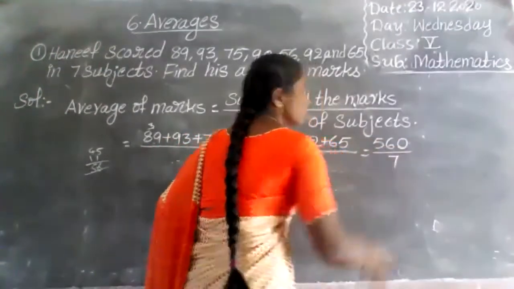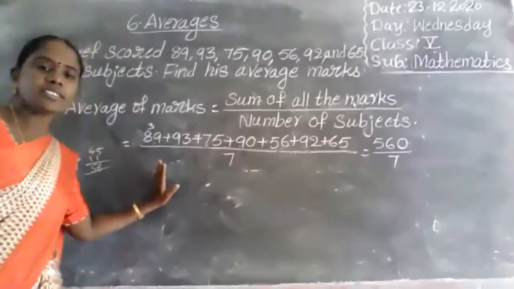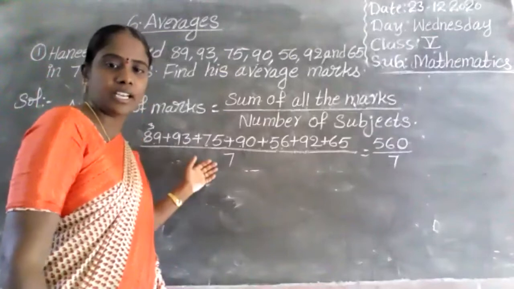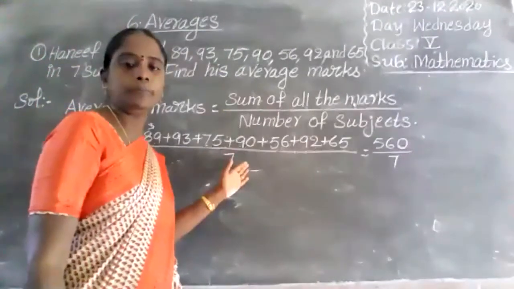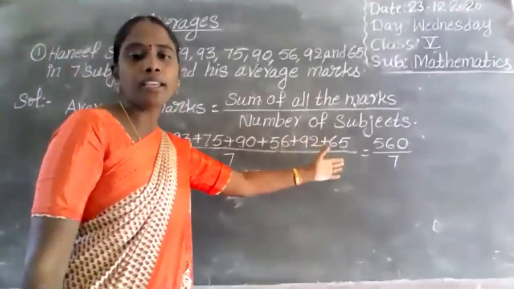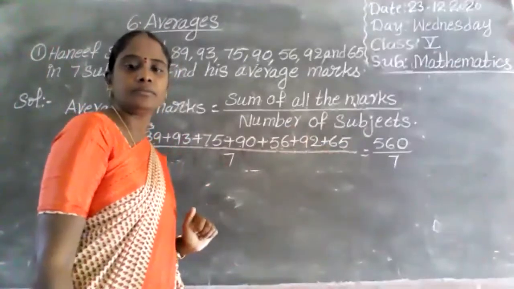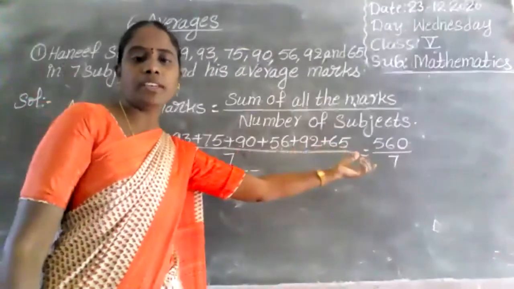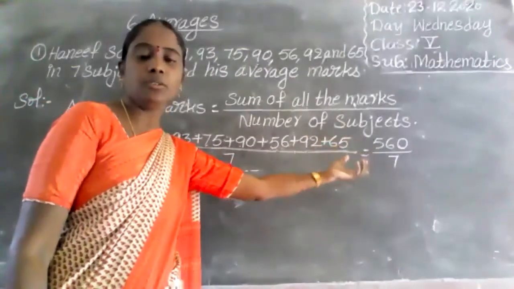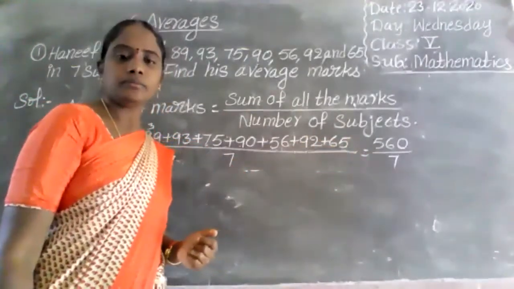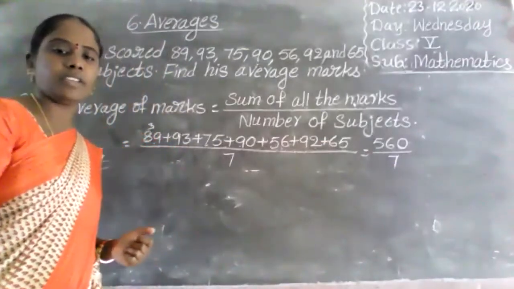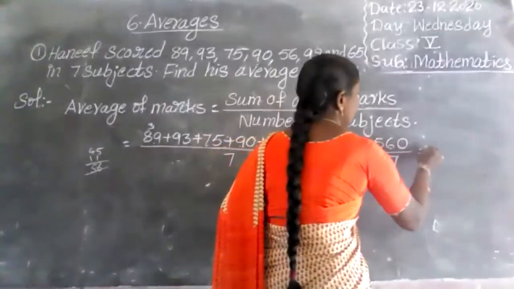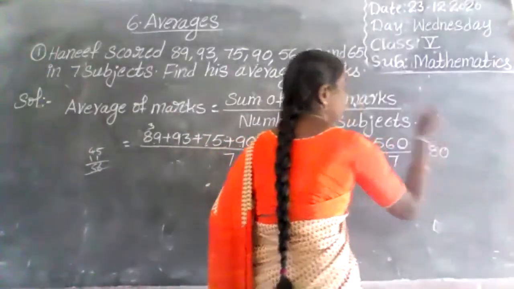We get 560, not 700, not 559. Now 560 divided by 7. Do the simplification. Sorry, do division. 560 by 7. 7 8s are 56, so 80.